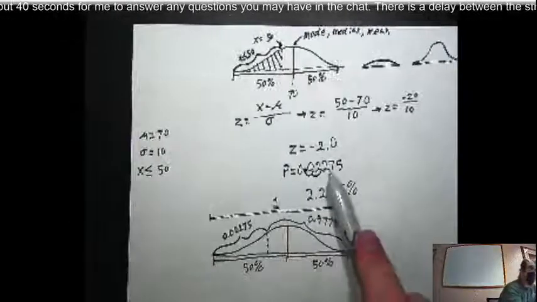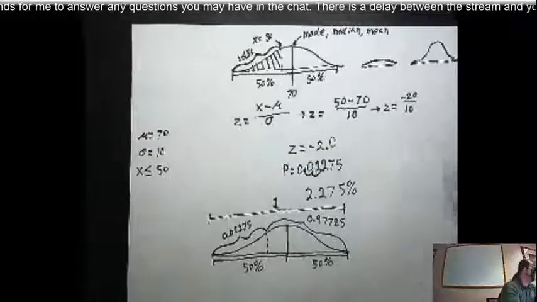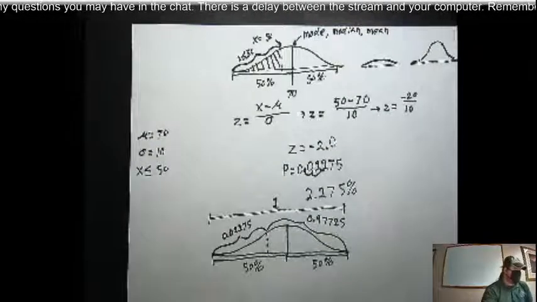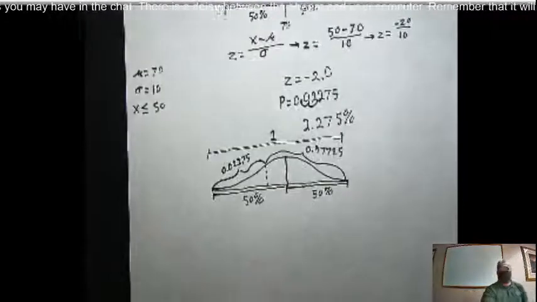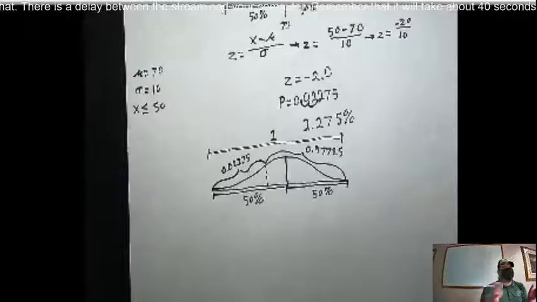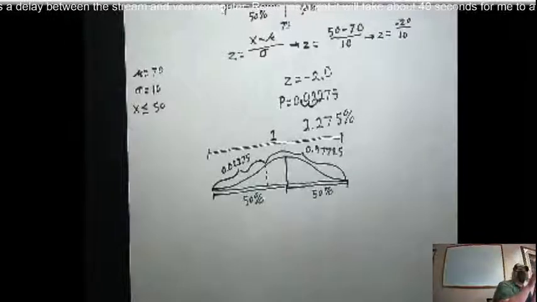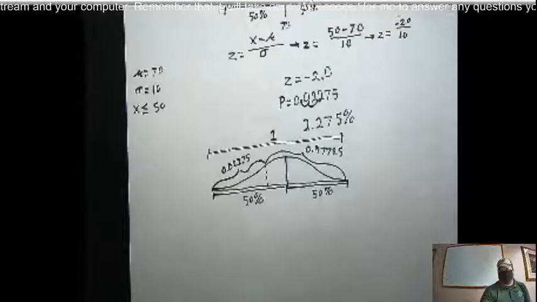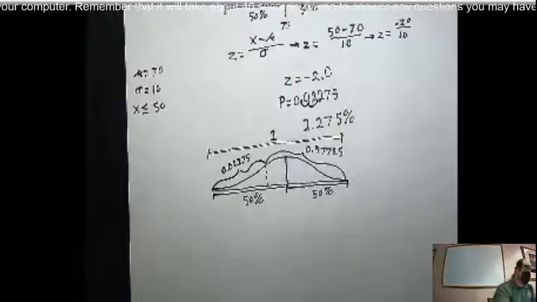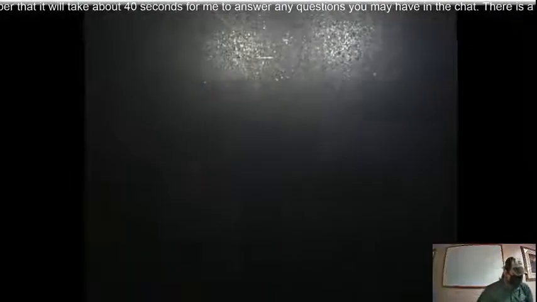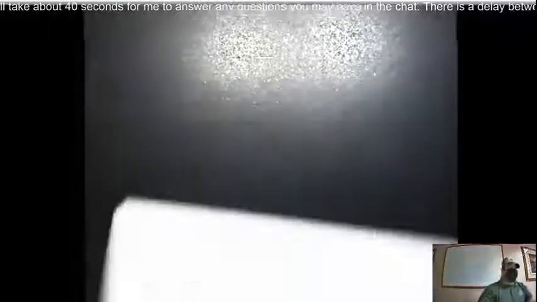If we want above, we got to take this and subtract it from 1. Any questions? Okay. So that's what we did on Wednesday. We found out how to calculate below a point and above a point. And then I said, well, that's great, but what if we want to calculate a slightly different place?